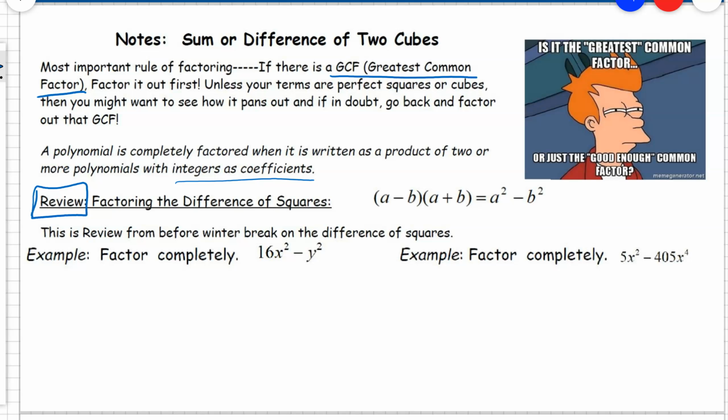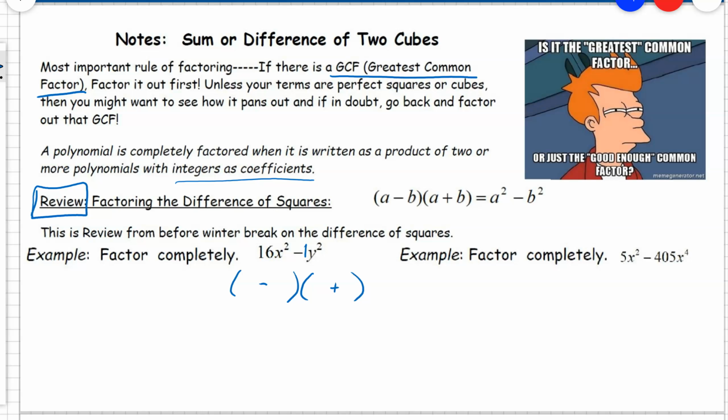All right, so this is review. We talked about this right before winter break, when we had to factor using conjugates of each other. Whenever you see perfect squares like 16x squared and y squared, we can continue to factor that, but there's no middle term, because the middle term canceled out.